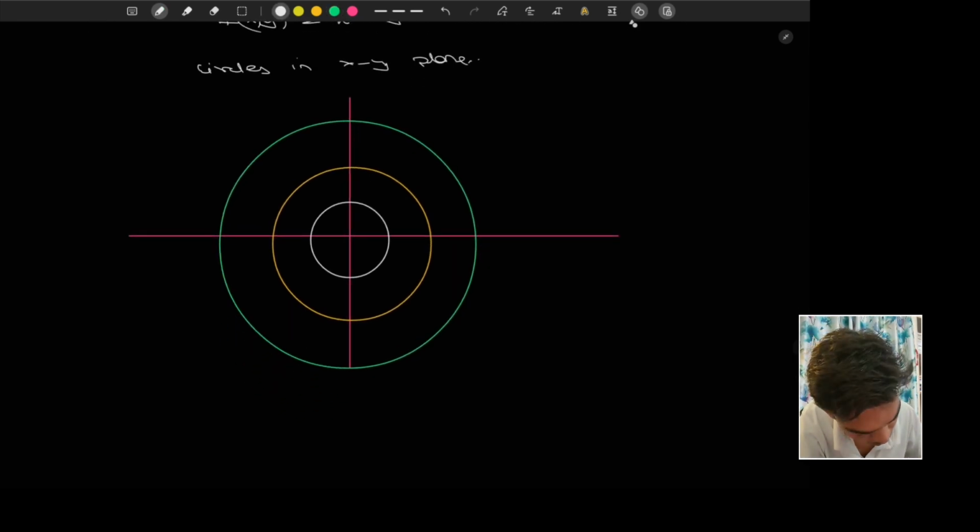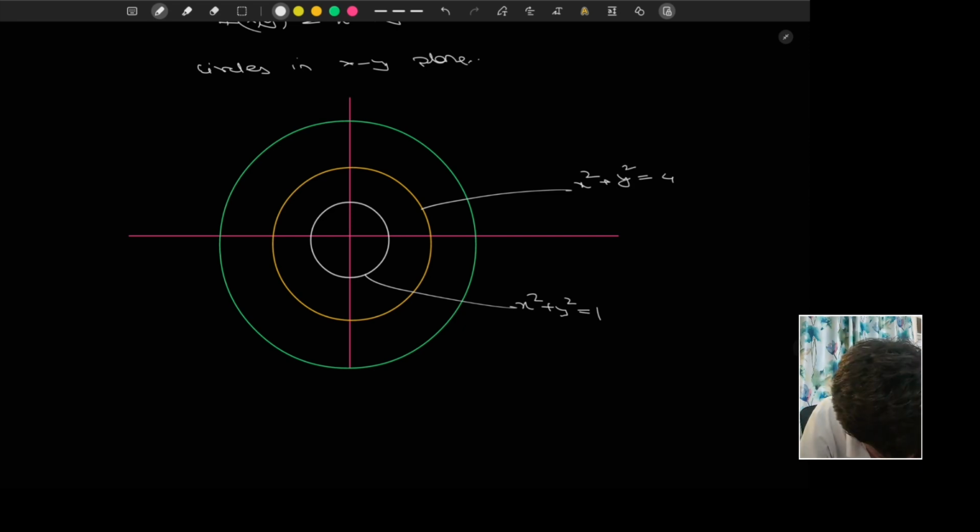Let's say this corresponds to x square plus y square equals 1. This, let's say, corresponds to x square plus y square equals 4. And this corresponds to x square plus y square equals 9.